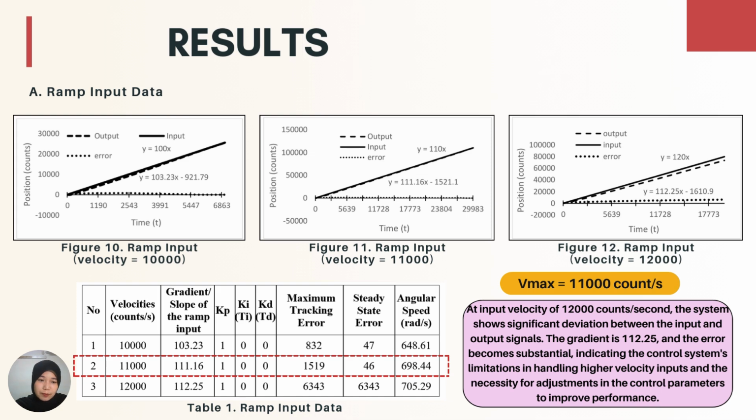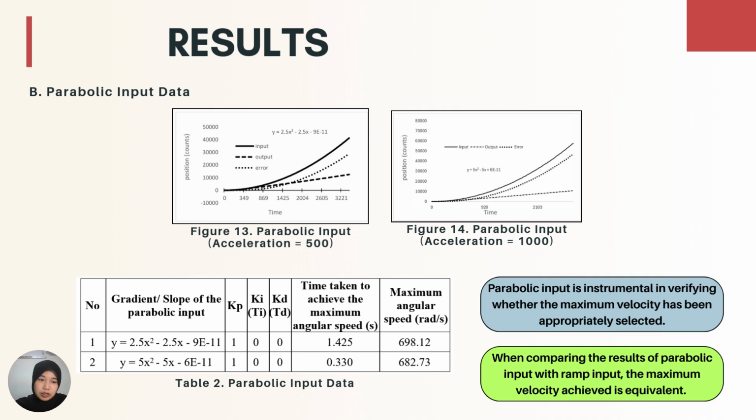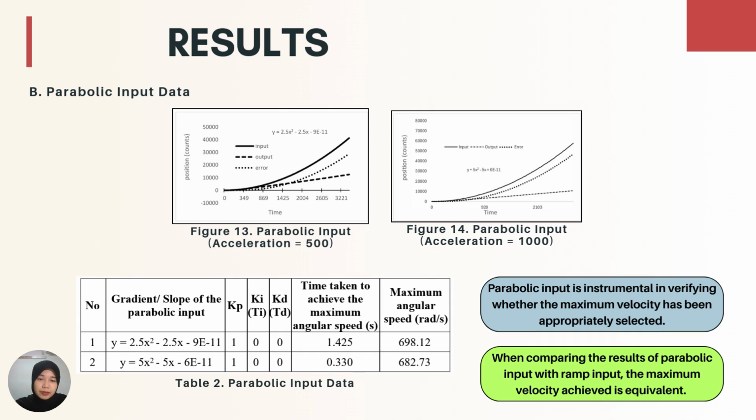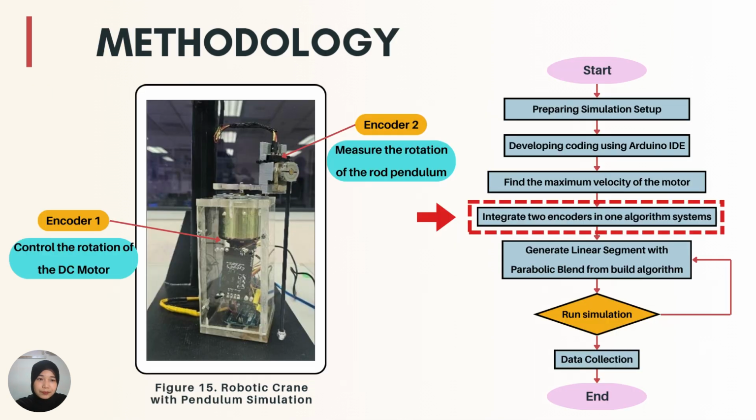When we compare to the 11,000 counts per second that we selected, which is actually 698, it is not far from each other, so it is equivalent and we can proceed with the maximum velocity of 698.44 radians per second.